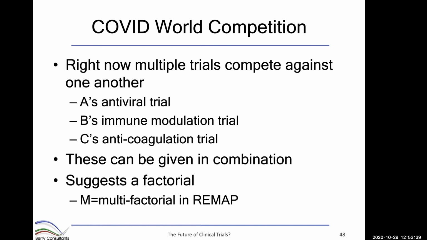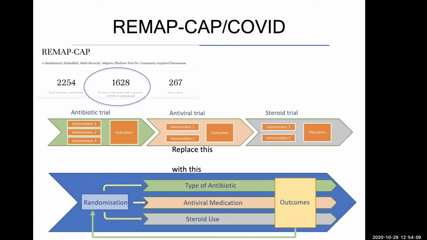But there's discussions where person A is running an antiviral trial, person B is running immune modulation, person C is running anticoagulation trials, and they start to discuss, well, none of us can enroll. And the reason they can't enroll is they're all competing for the same group of patients. These can be given in combination. So maybe not everything with everything, but lots of combinations are possible. And so this suggests that kind of factorial design.